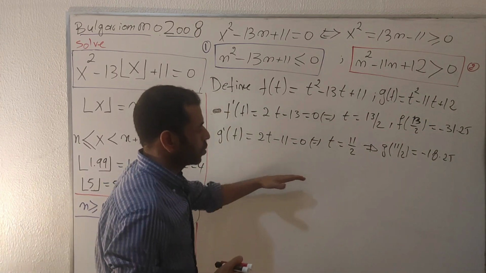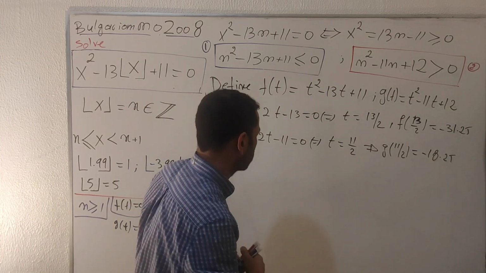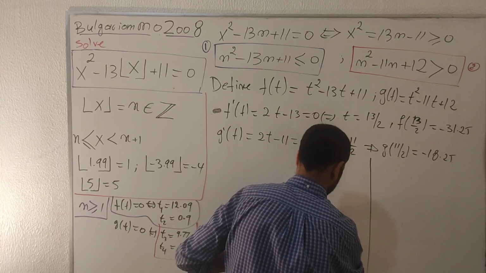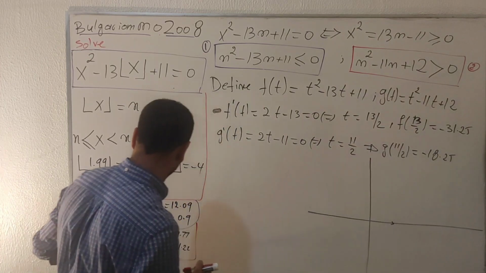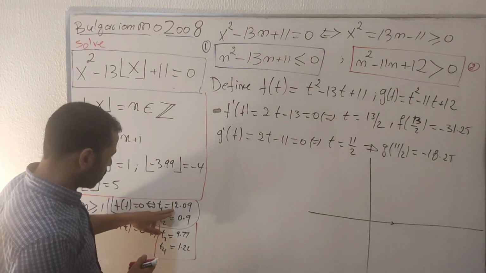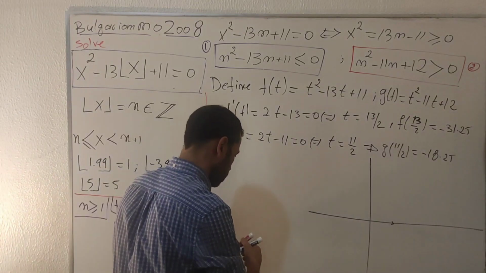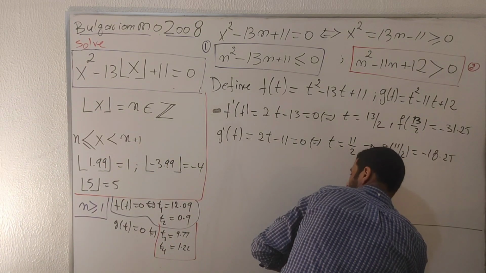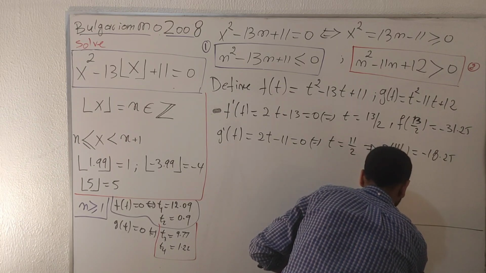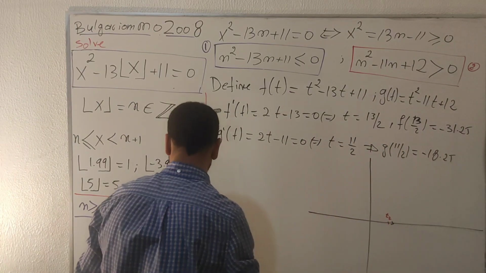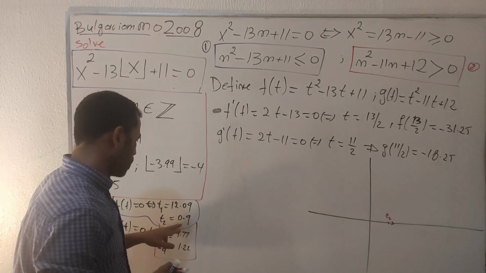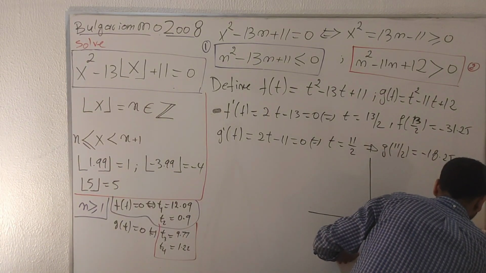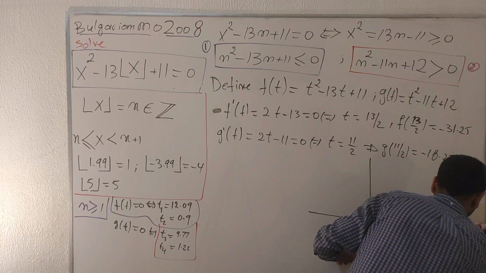Now I'm simply going to take the general picture of this one. So we get here, for the first function, which is f of t, 0.9. 0.9 is going to be here. Let's put it as t2. Then I get the second point, 12.09. 12.09 can be here around this point.